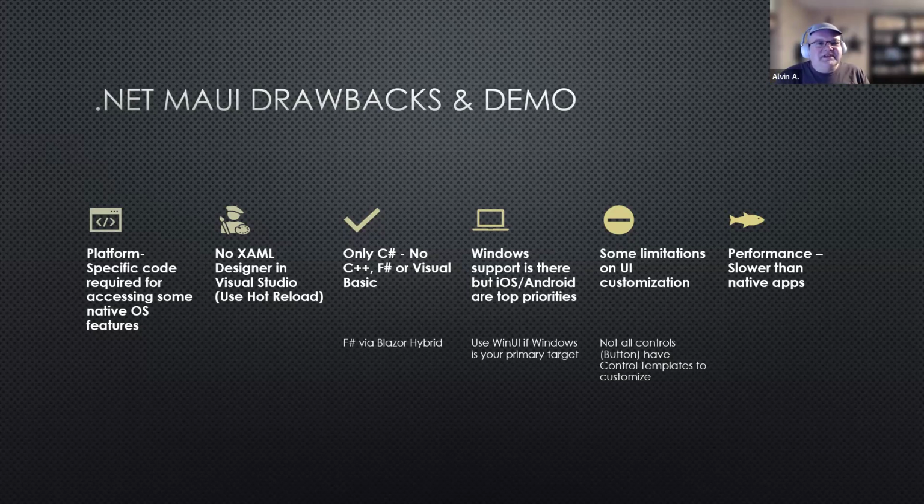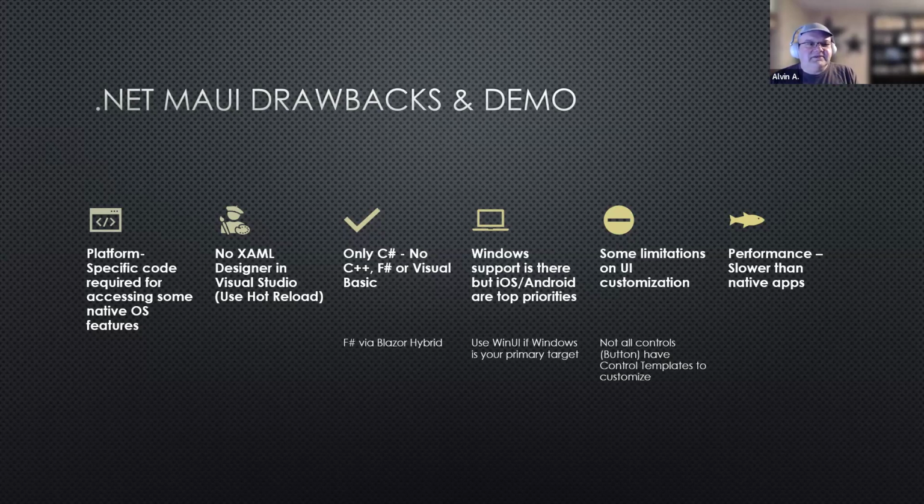It's sometime this spring that Xamarin support is ending, so they're pushing hard to get everybody upgraded to MAUI, and most of that is iOS and Android. And there is some really good Windows support. They have things like keyboard accelerators and tooltips are all there for Windows apps. But if you find issues on Windows, they're probably not going to be prioritized quite as high as the other devices.